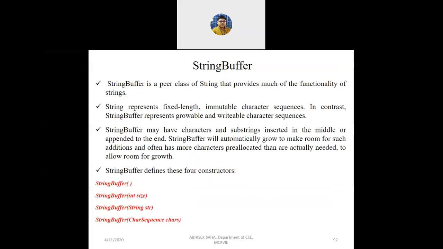Now I am coming to the next part of my lecture, that is string buffer. I have already introduced this string buffer class a few slides ago when I mentioned the mutable string and immutable string. The string class is basically an immutable string. What is the meaning of this?